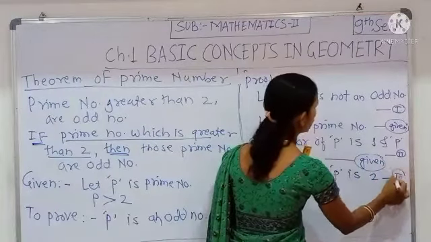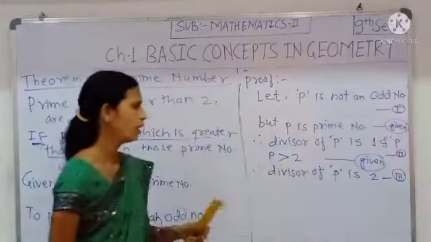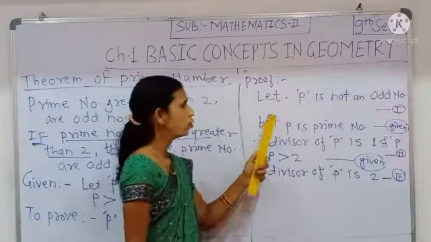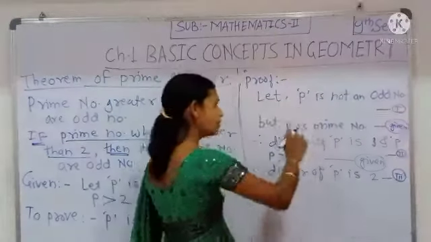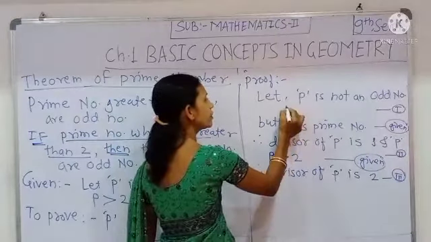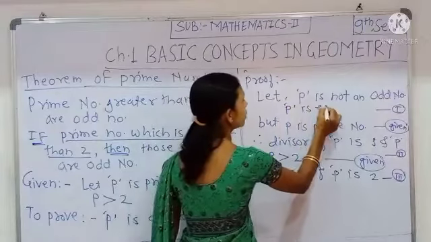Let this be equation number 3. And see here we have considered P is not an odd number. That means according to this concept P is an even number.